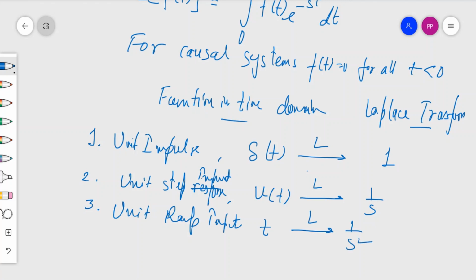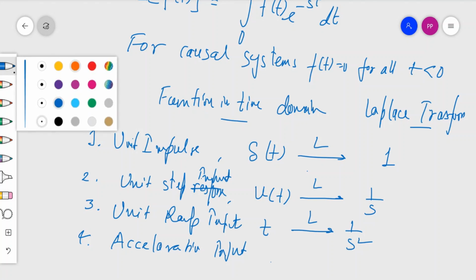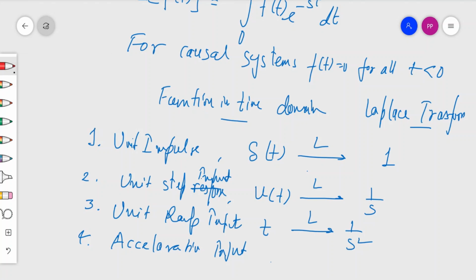Then for the acceleration input, I want you to find this. What will be the unit acceleration input and what will be its Laplace transform? You need to find it.